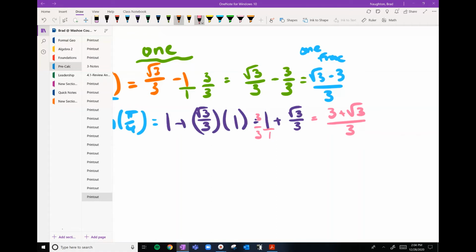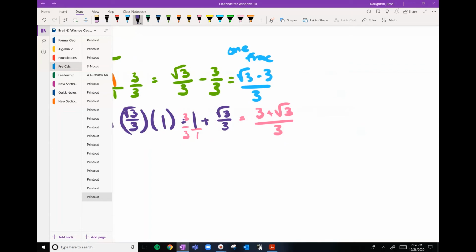Cool? So I'm just going to go ahead and say it's easier if you write them with your real number first. So I'm going to make this a negative 3 plus root 3 over 3 to match this 3 plus root 3 over 3, just so my radicals are second, my constants are first.